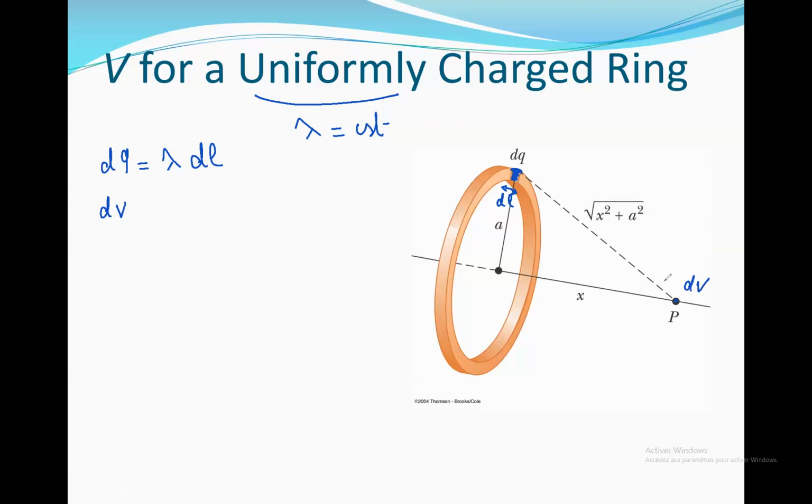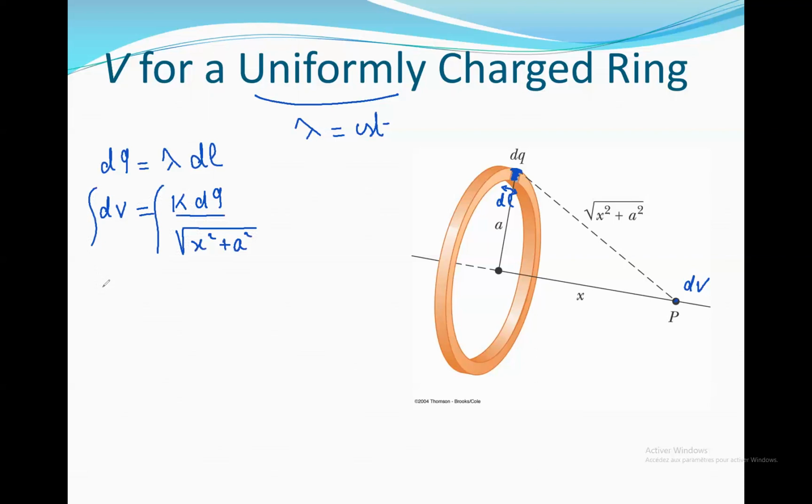Just you put dV and you calculate its value. dV equals K dq divided by the distance between dq and the point P. We have radical x square plus a square. Okay, I need to calculate V, so we do the integral.